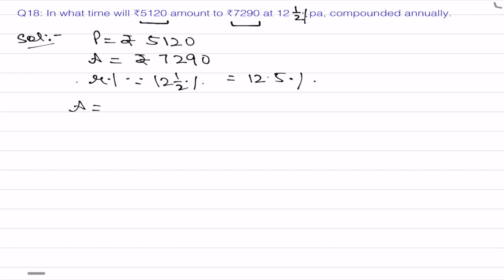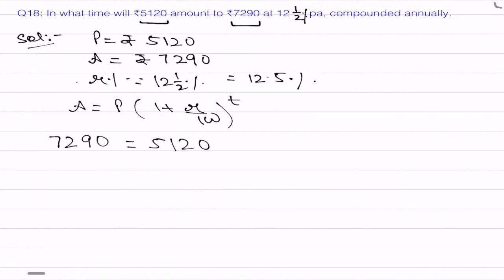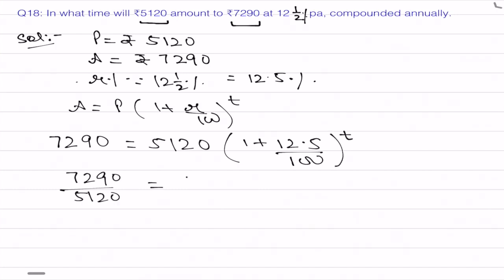We'll put the values of principal, rate and time in the formula of amount. So 7,290 is equal to 5,120 into 1 plus 12.5 upon 100 whole raised to the power T. So we'll shift 5,120 to the other side.